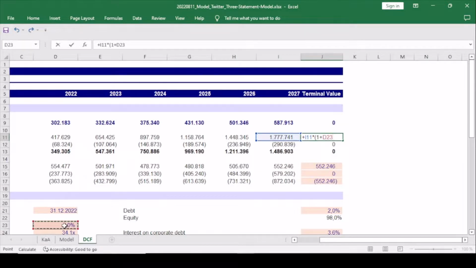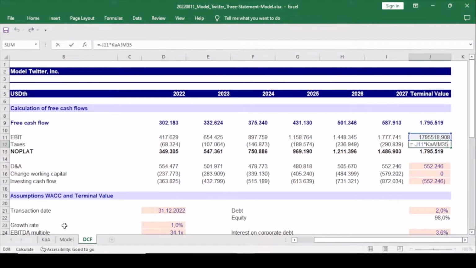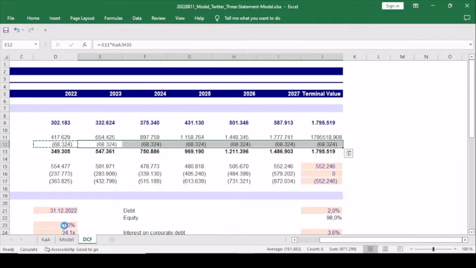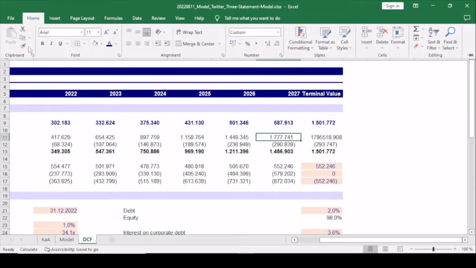We simply grow EBIT in the future to arrive at the free cash flow for the terminal value period.